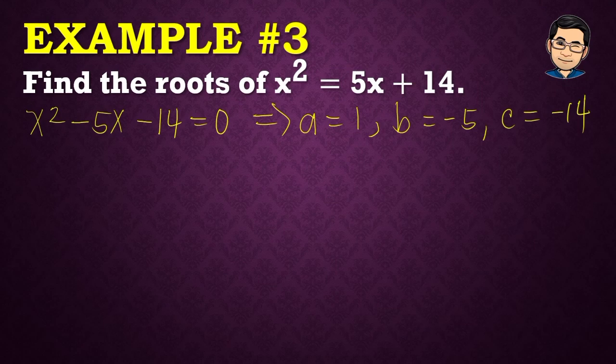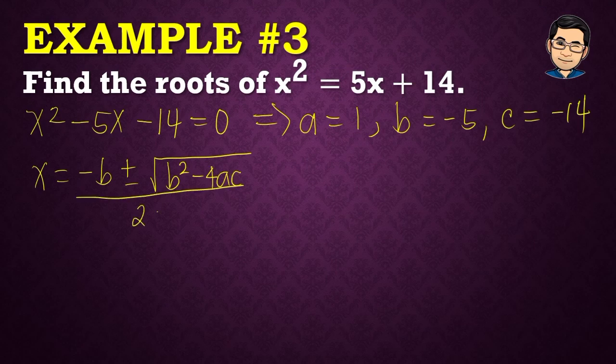So, let's apply quadratic formula. X equals negative b plus minus the square root of b squared minus 4ac all over 2a. So, x equals, the value of b is negative 5. So, and then, negative siya sa ano niya.